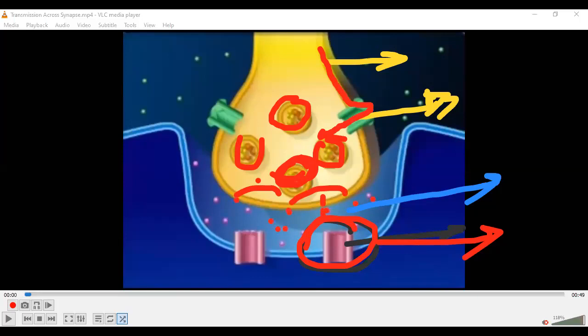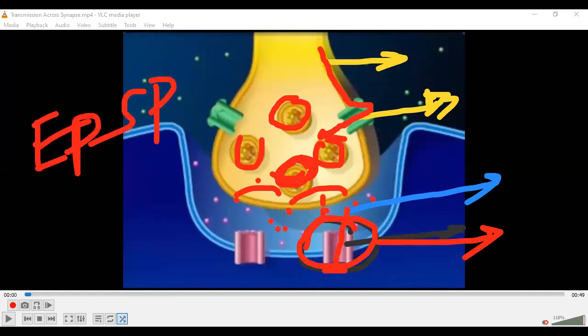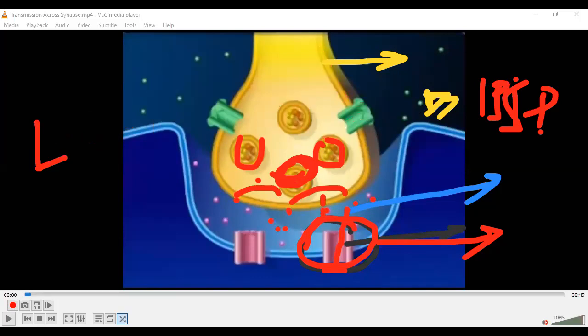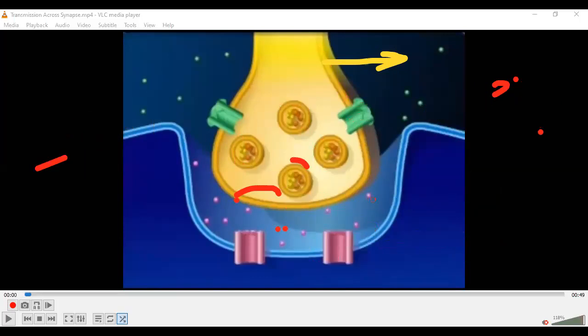That makes some changes in the postsynaptic membrane; either they create an EPSP or an IPSP. Okay, let's watch the video. Let me erase all these first, then we go for the video.